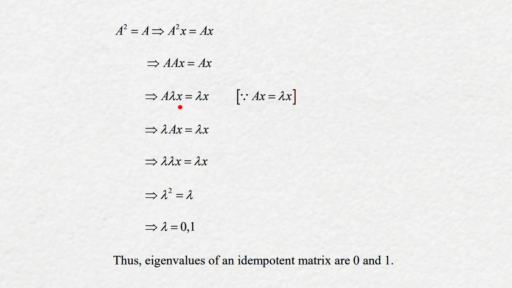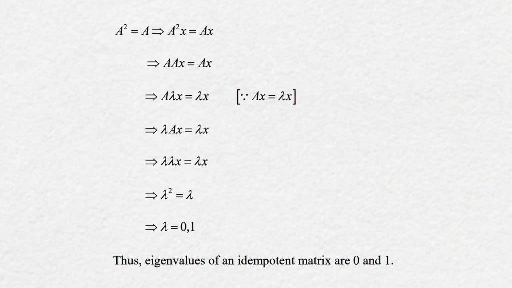Since Ax equal to lambda x, we can substitute, therefore A lambda x equal to lambda x. We can rearrange the terms A and lambda, because lambda is a scalar, which implies lambda Ax equal to lambda x. Now, again we can substitute Ax equal to lambda x, which implies lambda lambda x equal to lambda x.